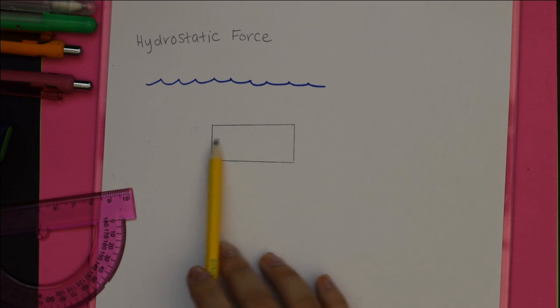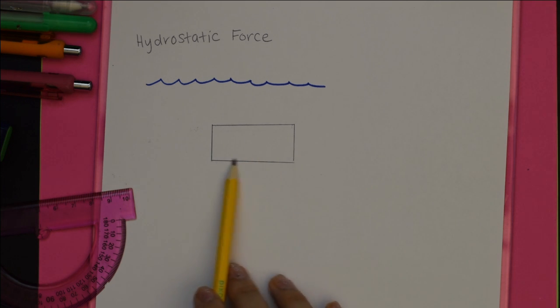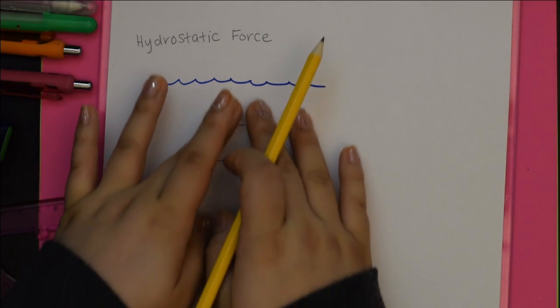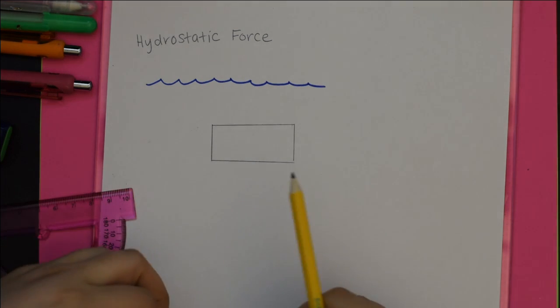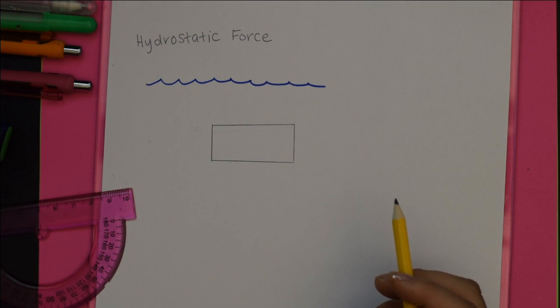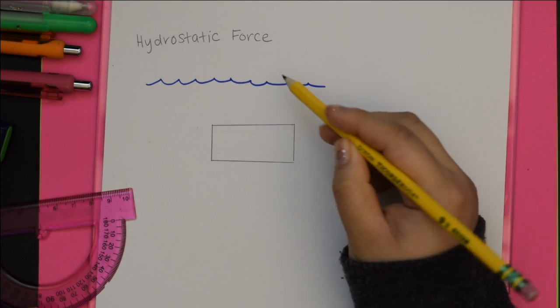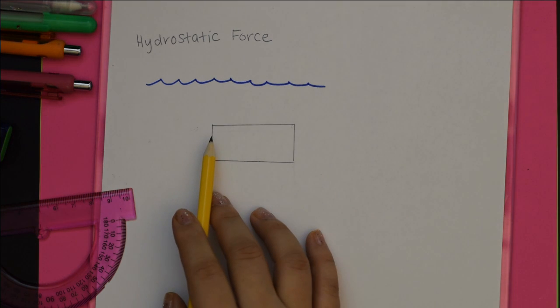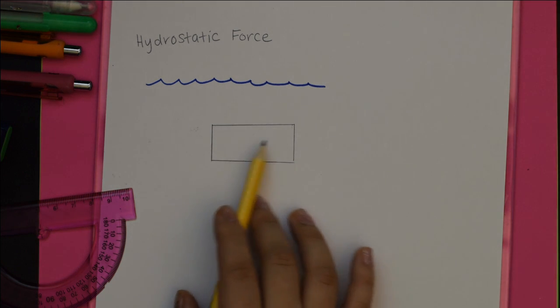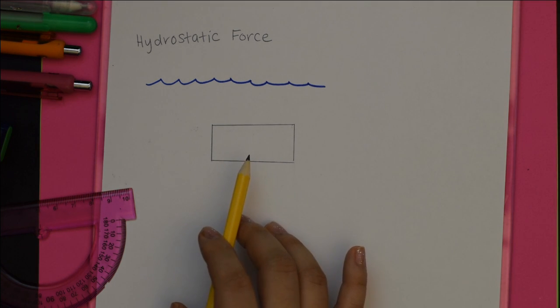And so, of course, incrementally, that force will get bigger because there's more and more water acting on it. So, since it varies, we're going to try to calculate this mathematically. Okay?